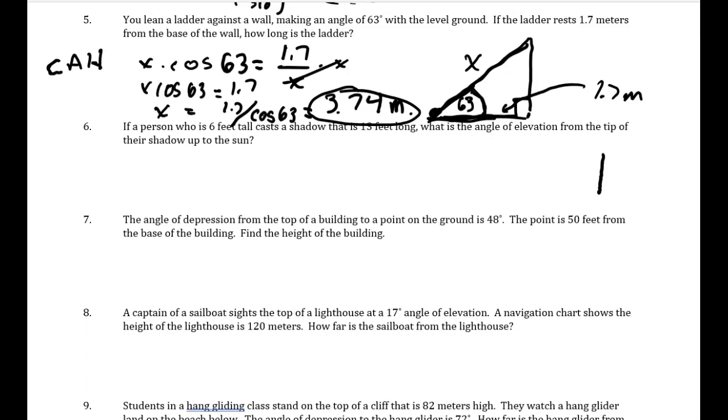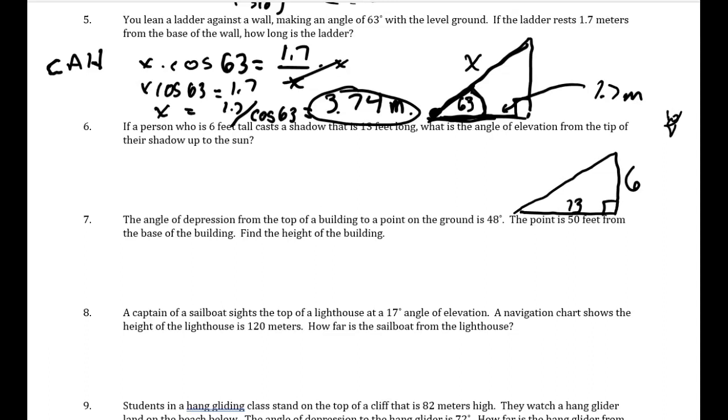So think about it, here's a person standing straight up. He's 6 feet tall. He's creating a shadow, so the shadow would be along the ground. So here's our ground, 13 feet. The sun would have been over here. So that's sort of how we're creating our right triangle.